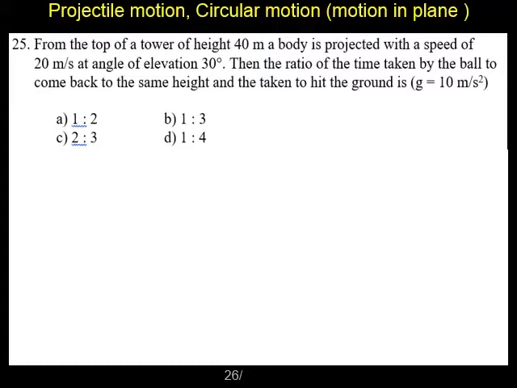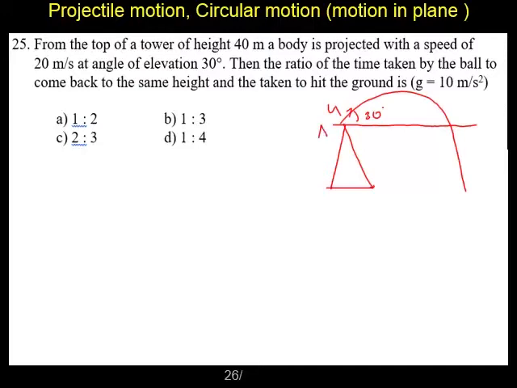Now in this problem, let us say here is a tower, and this is the height from which a ball is projected like this, and then it falls to the ground. From here we are projecting with a velocity u at an angle of 30 degrees.